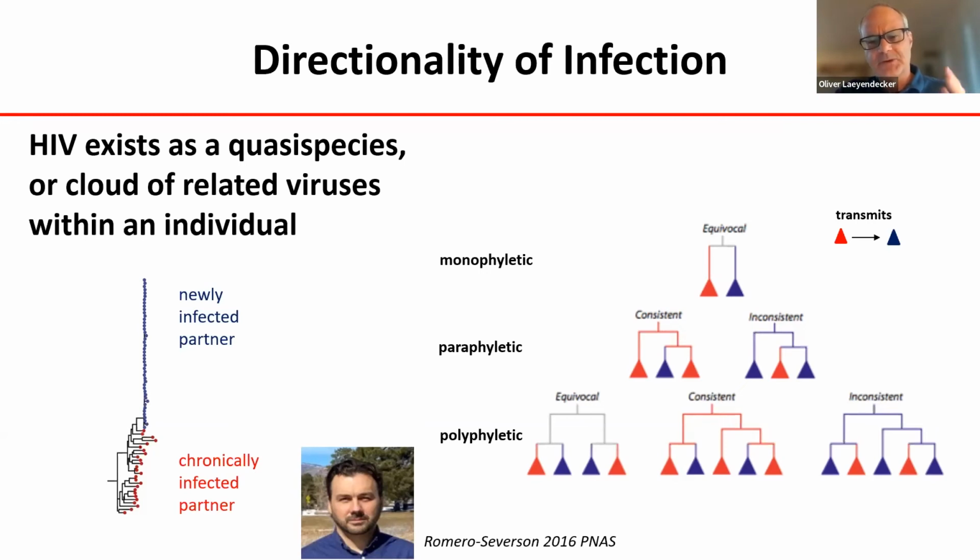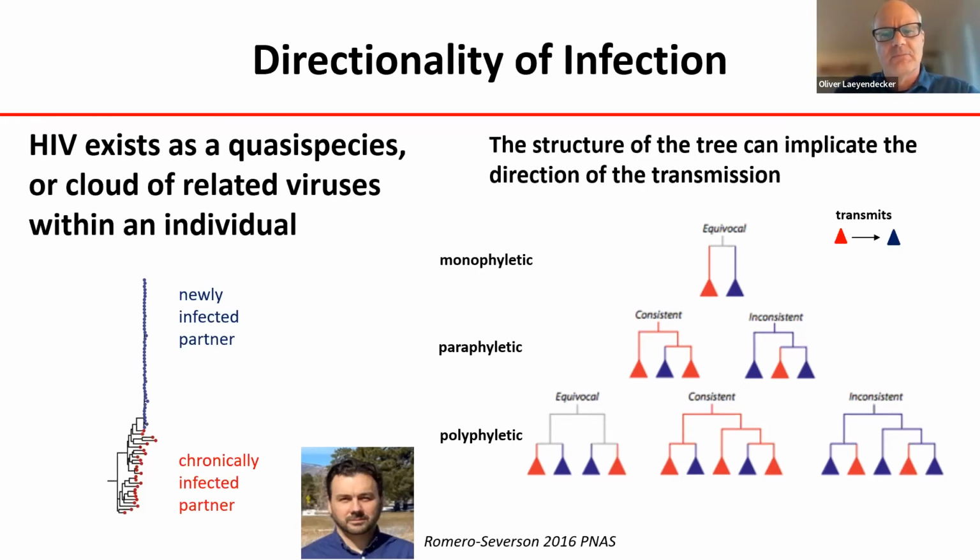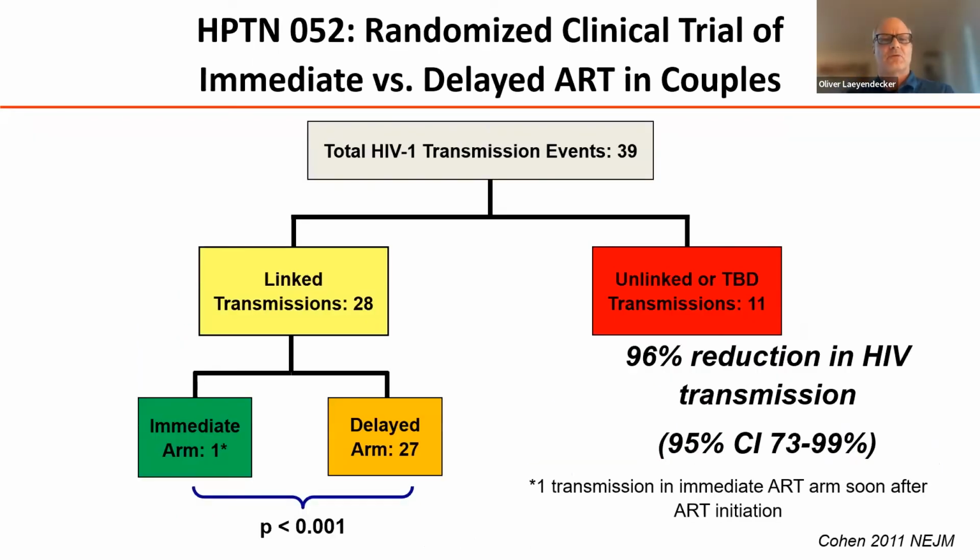Now, to help determine whether or not this theory is actually real, I went to the HPTN 052 trial. In that trial, there were individuals who were placed either on immediate or delayed antiretroviral treatment, and their partners were monitored over time.